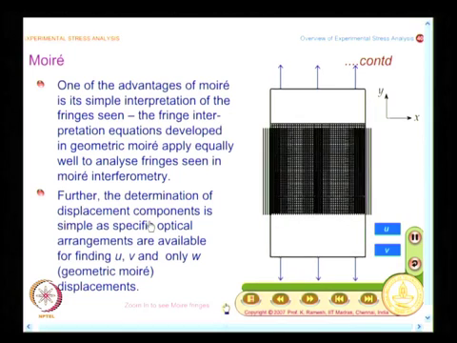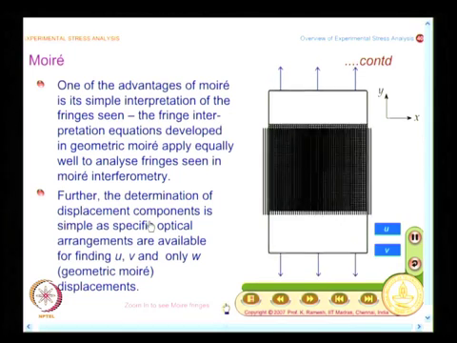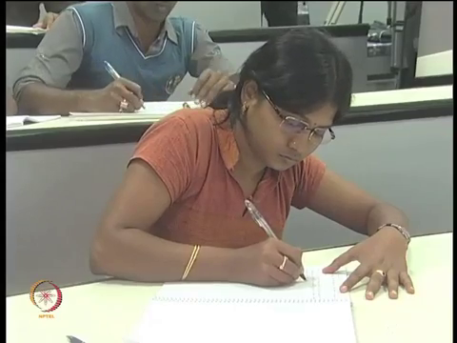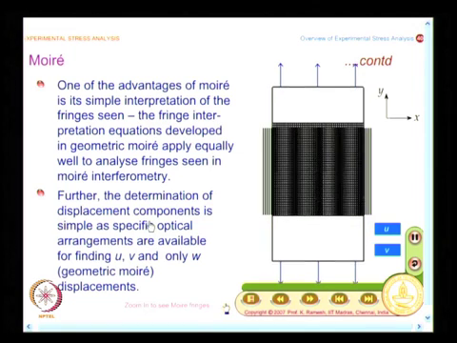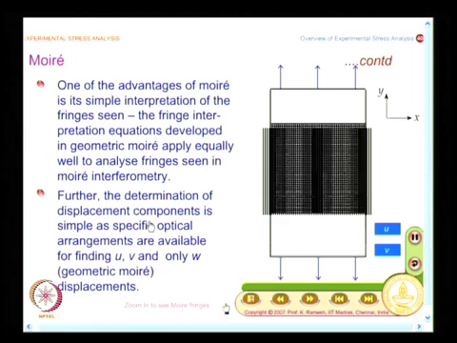When you go to geometric Moiré, its variations like shadow Moiré, reflection Moiré, projection Moiré, you get out-of-plane displacement W, you get slope, you get curvature, and in each case you need to have a specific optical arrangement. Though it appears a specific arrangement is a nuisance in some instances, data interpretation is a lot simpler if you have a specific optical arrangement. In this lecture, we have looked at the physical principle behind Moiré.